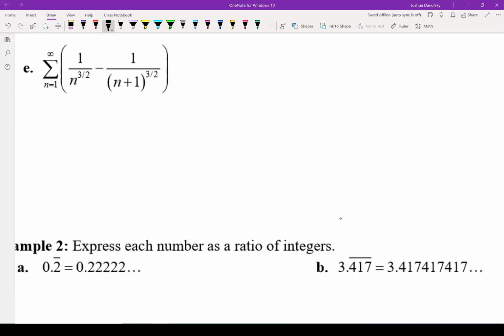Let's go ahead and look at the nth partial sum. Basically what that means is we're going to plug in 1, then 2, then 3, and see what these terms are all the way up to the nth term. That's going to look something like this.